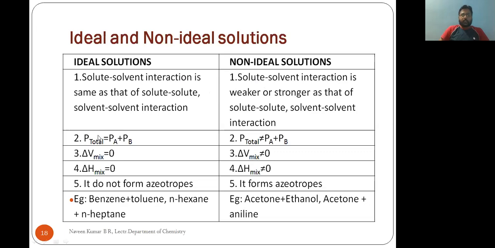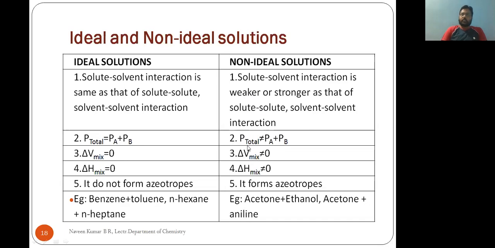If you mix the two and the attractive forces are the same, then the resultant P total will be the same, that is, P total will be equal to PA plus PB. If the attractive forces are weaker or stronger, the number of particles escaping into the vapor phase after mixing the solute and solvent may be less or more based on the nature of the forces.